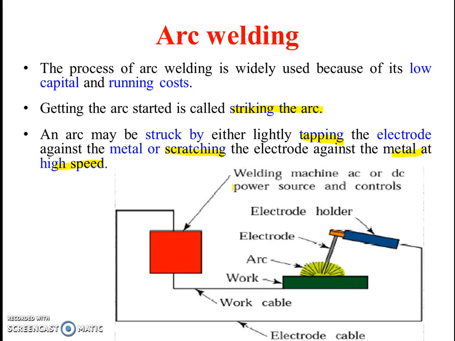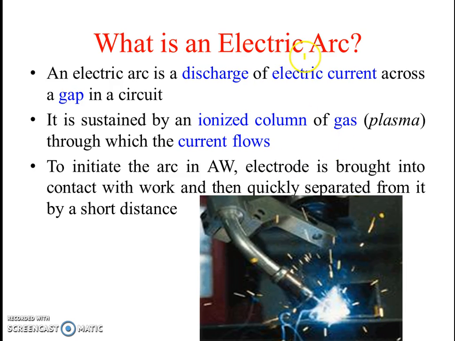If you maintain the gap, then there will be a good electric arc between the electrode and the workpiece. So what is an electric arc? An electric arc is a discharge of electric current across a gap in a circuit. As already said, for electric arc welding there should be a gap between the base metal and the electrode, and you have to maintain that gap.